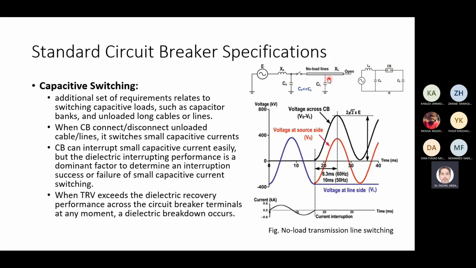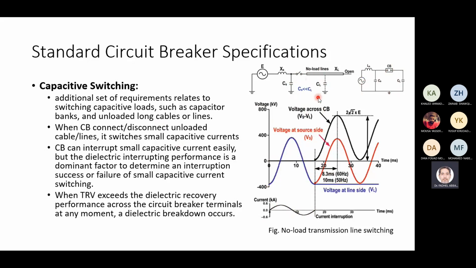Before you open, the voltage at this shunt capacitance of the line will be at this value. So this is the voltage that will stay at the capacitor. Okay, at this value it will stay.